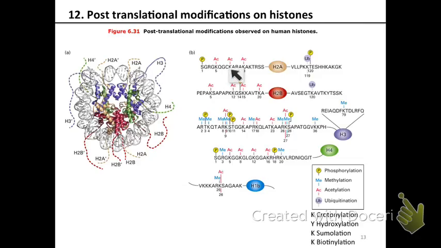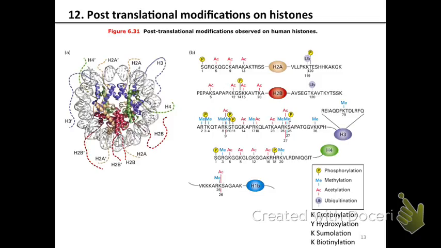So the types of post-translational modifications that occur on the tails are various. One of the earliest ones discovered is called acetylation. So you basically put an acetyl group. Later we found that histone tails can be methylated and phosphorylated and ubiquitinated. And as mass spectrometry experiments are getting better and more sensitive, we found that histones can actually be modified by other chemical groups such as sumoylation, biotinylation, crotonylation, hydroxylation, etc. Okay?